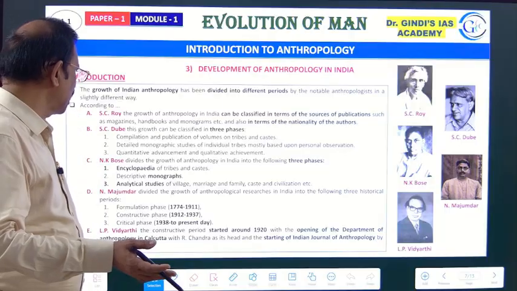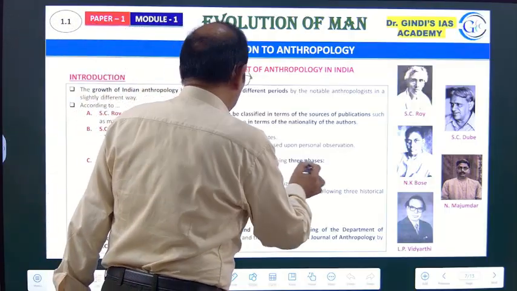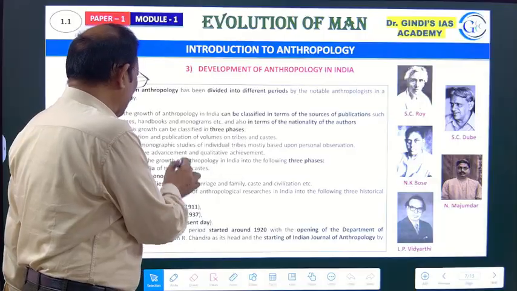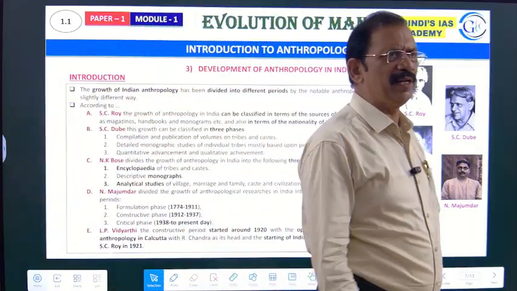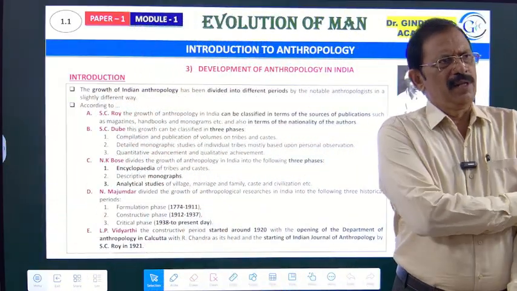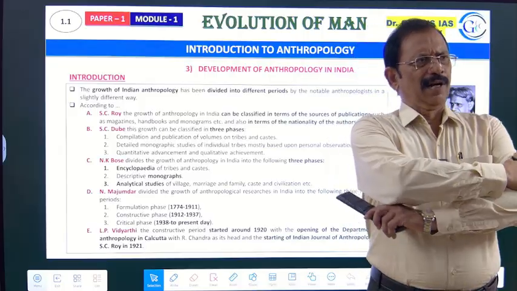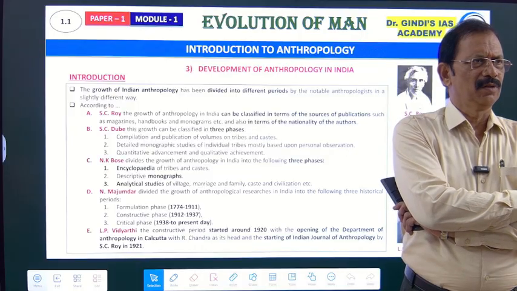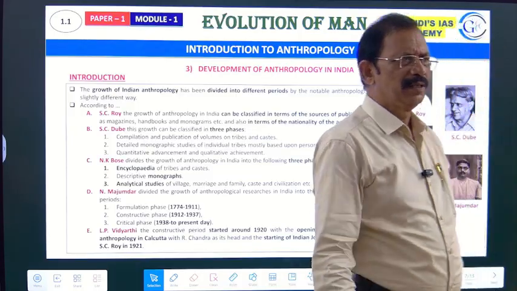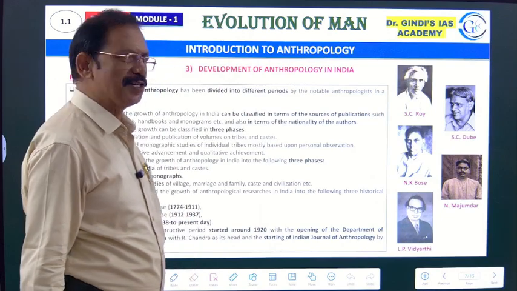What is the classification? Anthropology in India in the following three phases. Encyclopedia of tribes and caste. Have you visited S.V. University Library? Have you seen the Tribes and Castes of Thurston? Some volumes are there, gazettes published during the British colonial period.